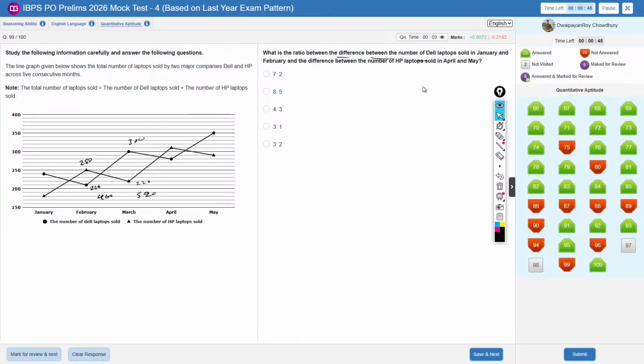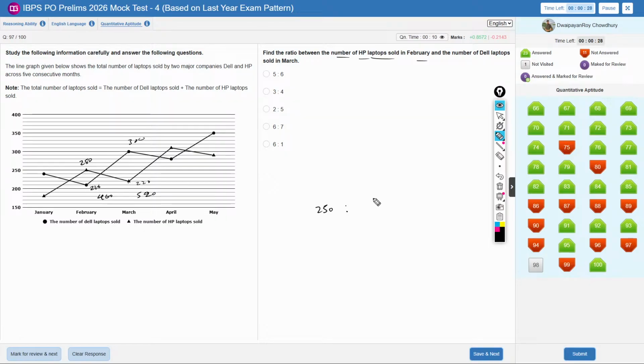What is the ratio of the laptops? January, February, and the difference. So this smaller question: ratio of HP laptops in February 250 to the ratio of... okay, so only this, I hope.